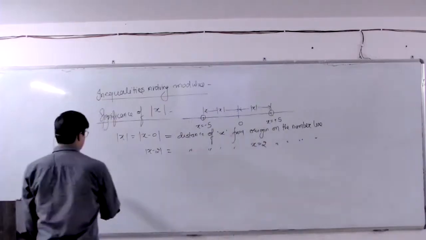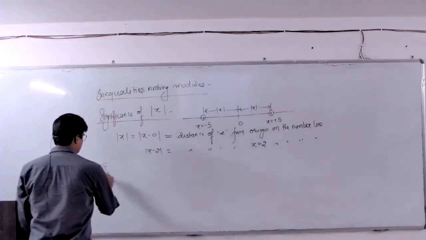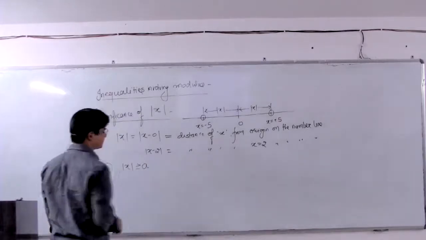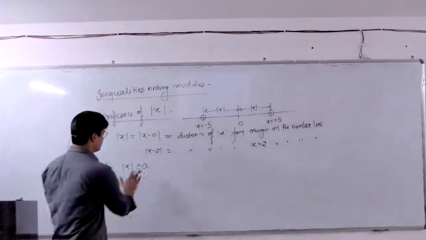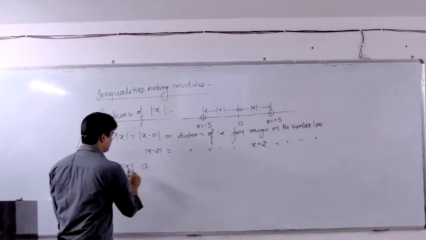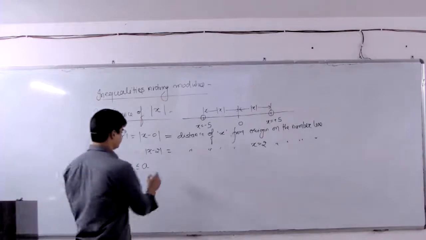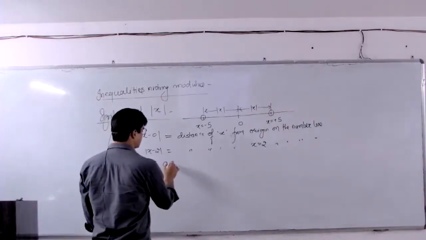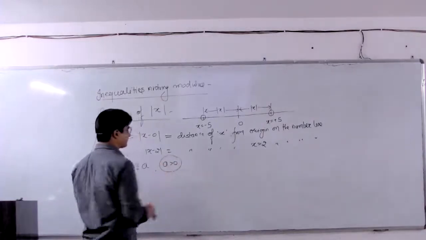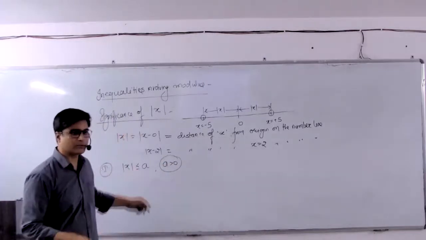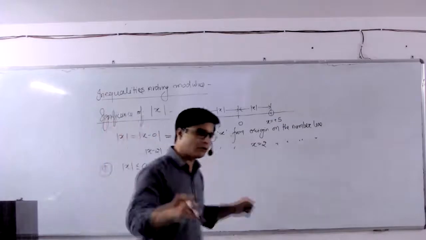I'll just start it. Let's say first case, I take modulus of x lesser than equals to a, where a is greater than 0. Obviously a has to be positive, because modulus x is positive. So we are assuming a is positive.